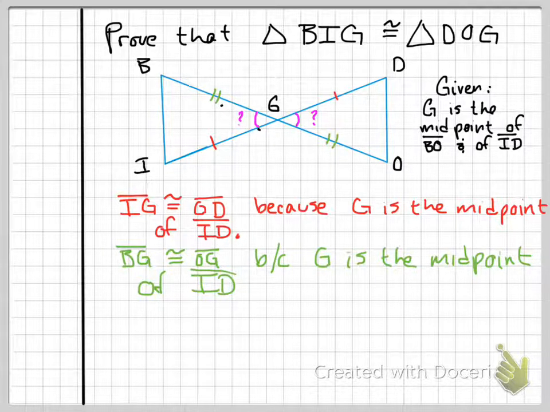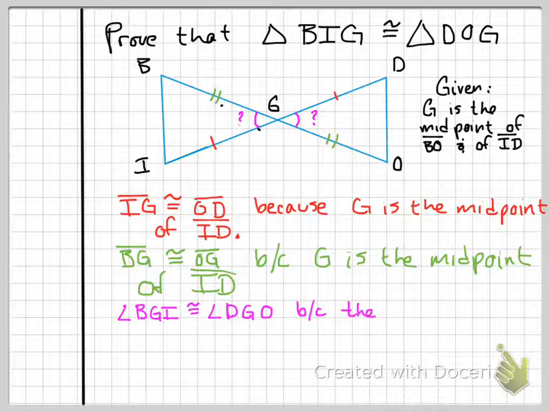So I can tell that angle BGI is congruent to angle DGO because they are vertical angles.